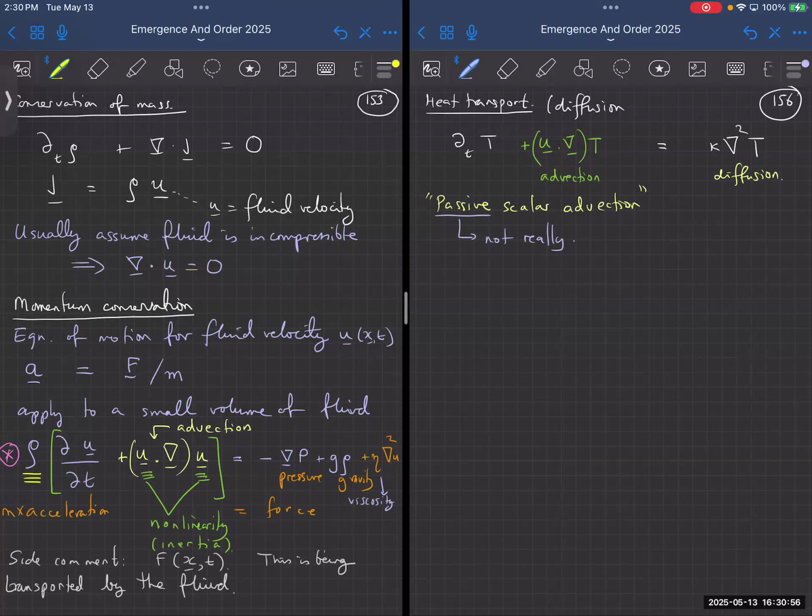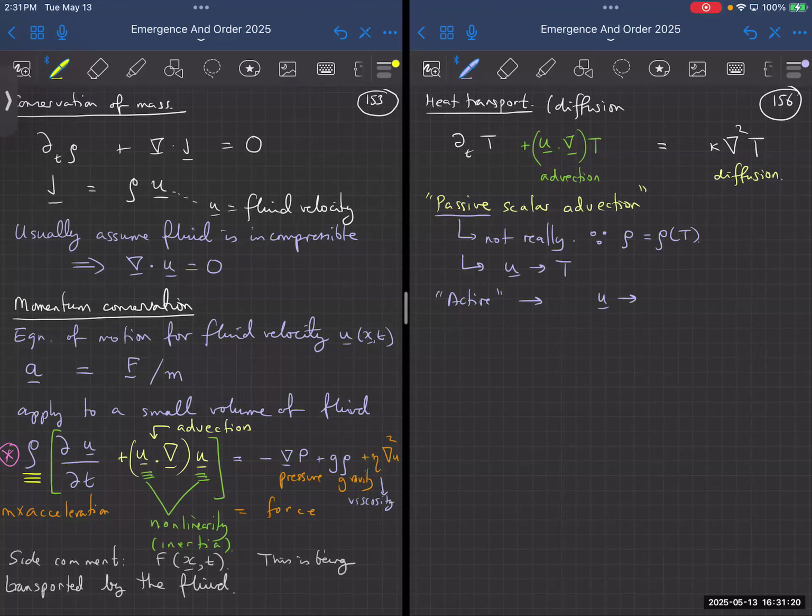And that density depends on temperature. So passive would be U determines T, and then that's the end of it. But active is the following.